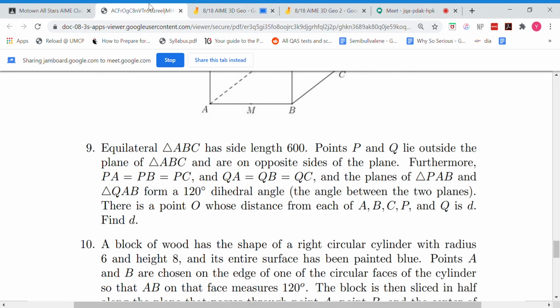Equilateral triangle ABC has side length 600. Points P and Q lie outside the plane of triangle ABC and are on opposite sides of the plane. Furthermore, PA equals PB equals PC, and QA equals QB equals QC, and the planes form a dihedral angle. So there's a point O whose distance from A, B, C, P, and Q is d, and we want to find that distance d.